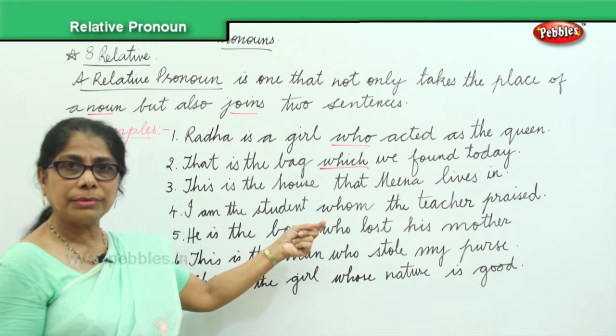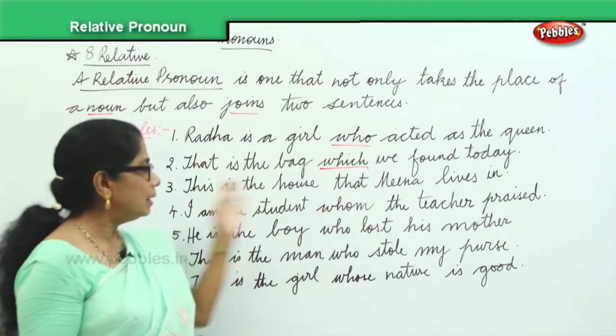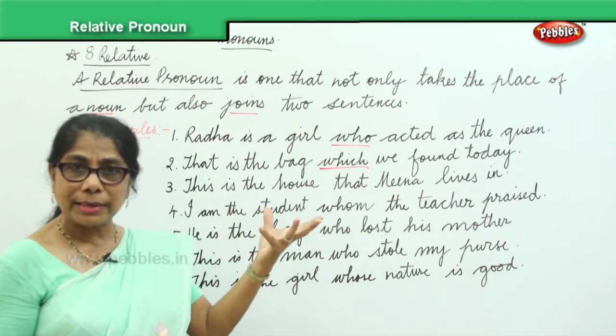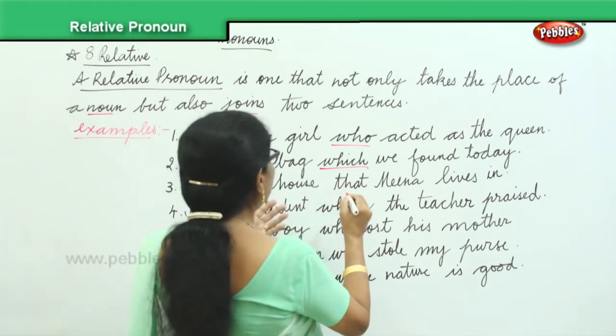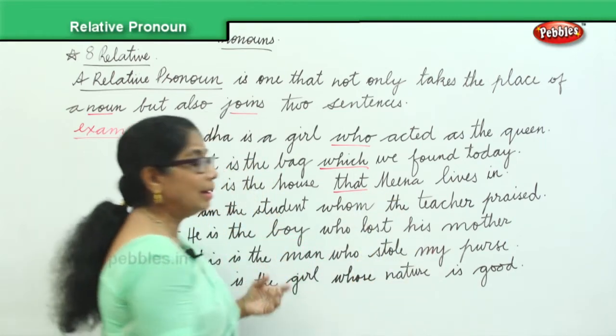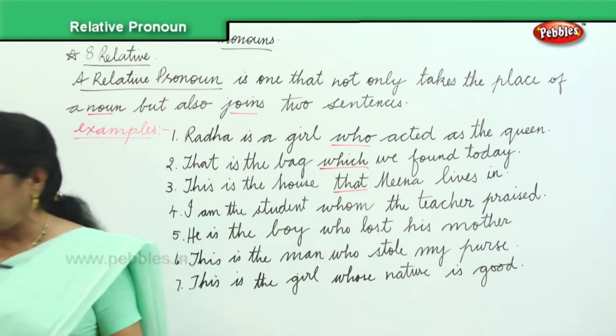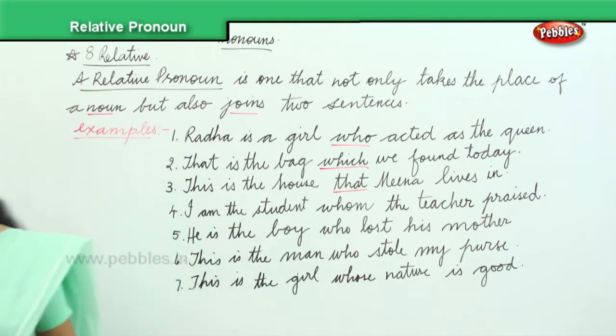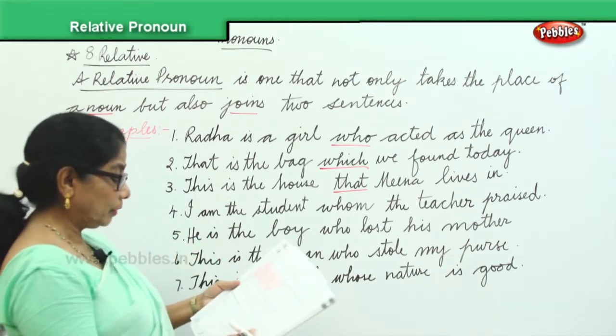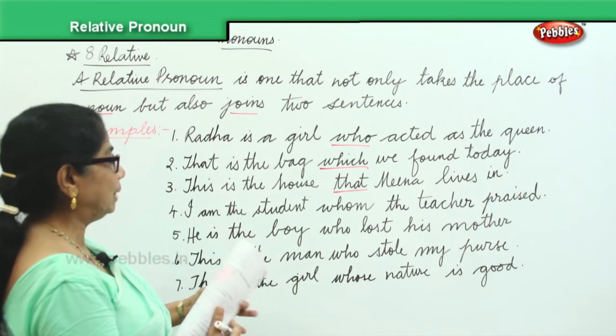This is the house Meena lives in. So we join the two sentences and we write: this is the house that Meena lives in.